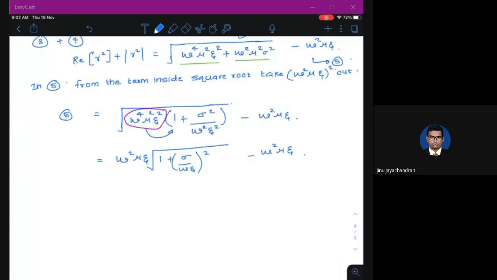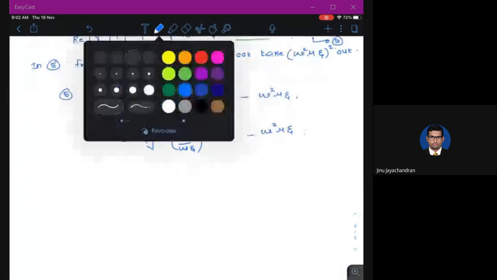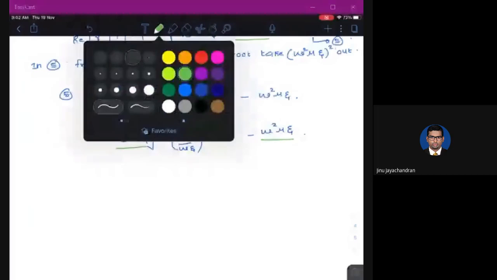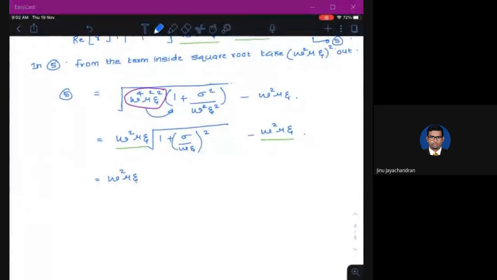Now you see that omega square mu epsilon is common in both the terms, so again I take it out from the complete term. So I can write this as omega square mu epsilon multiplied by square root of 1 plus sigma by omega epsilon the whole square minus 1.